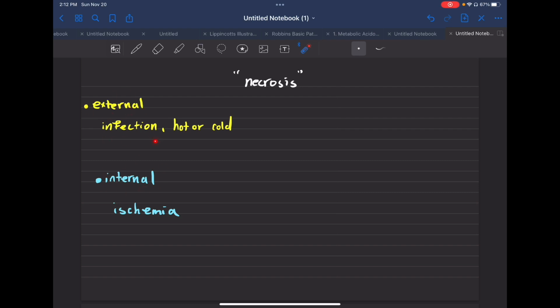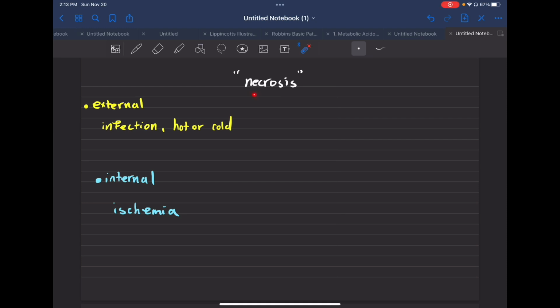External can be infection or a very hot or very cold environment, and internal can be because of ischemia, which means a lower blood supply to some part of the body. And so the amount of oxygen or nutrients to that part of the body is going to be lower, and that can kill the cells and kill the tissue at the end.